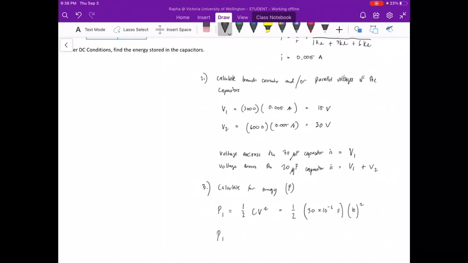So our P1 then is equal to 0.003375 or 3.375 millijoules. So box our final answer.